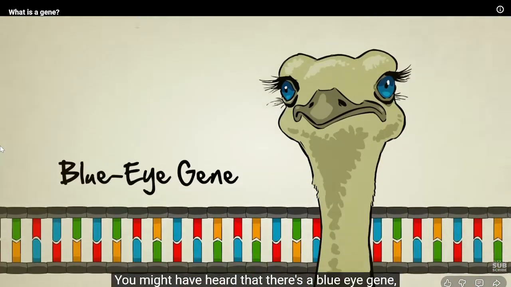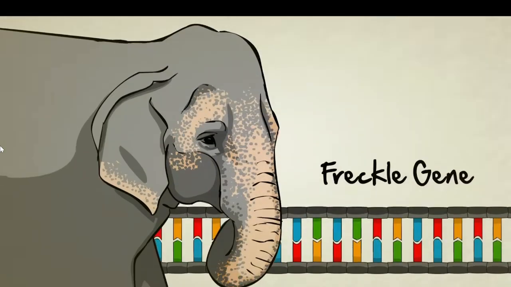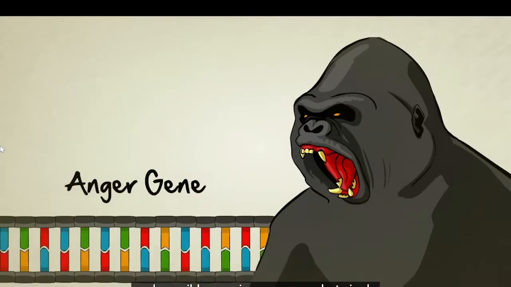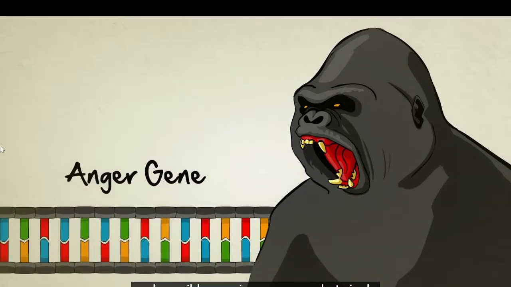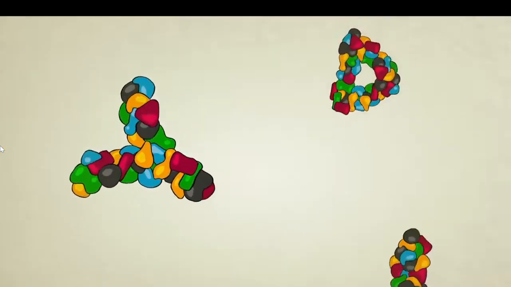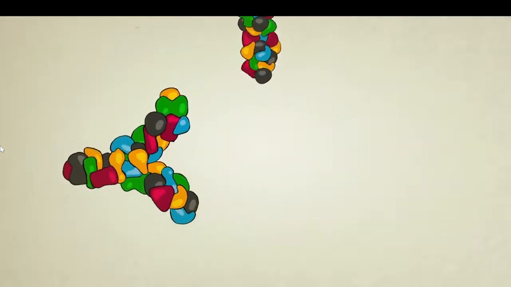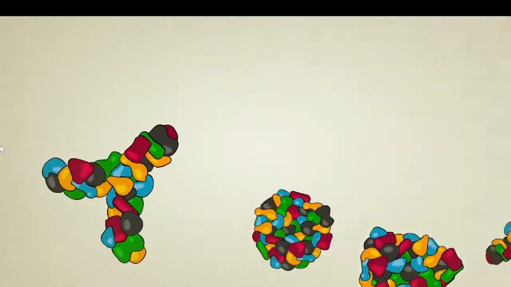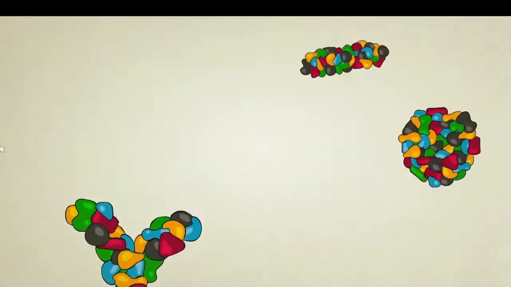You might have heard that there's a blue-eyed gene, a freckled gene, possibly even an anger gene, but single genes don't literally make things like eyeballs or freckles or temper tantrums. Genes make proteins. Those proteins then interact with each other and all sorts of chemicals inside the body to build things like eye pigments, freckles, and mood-altering hormones.